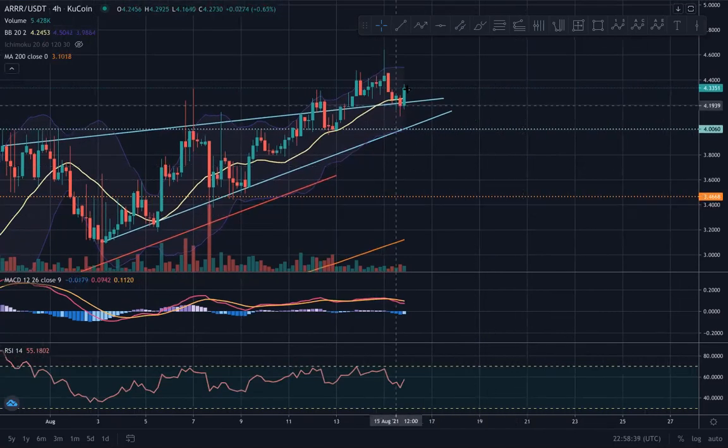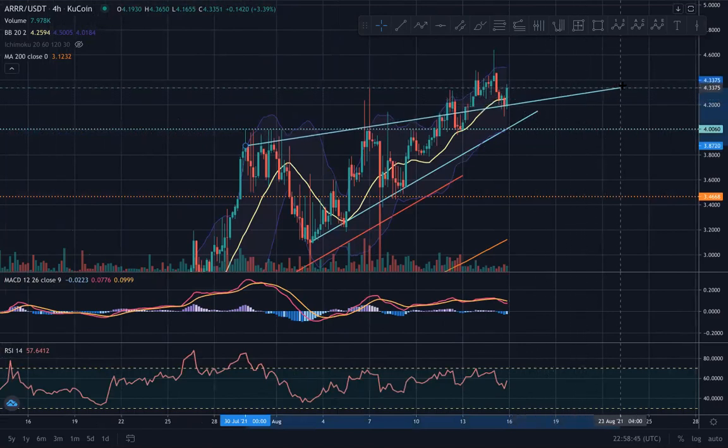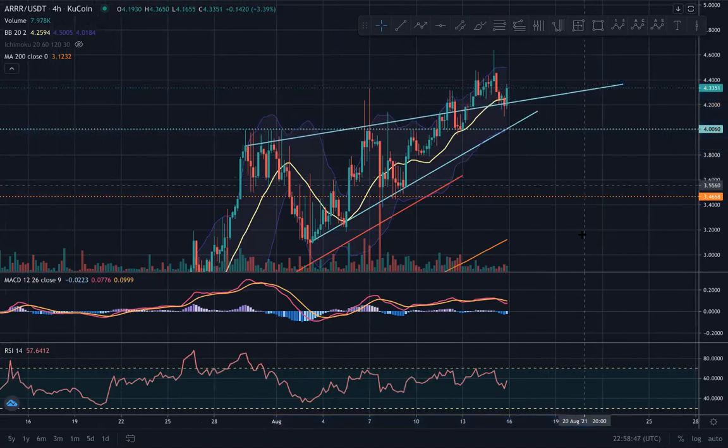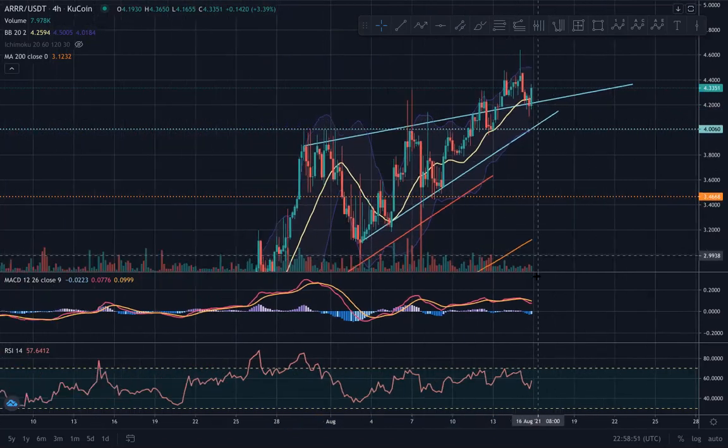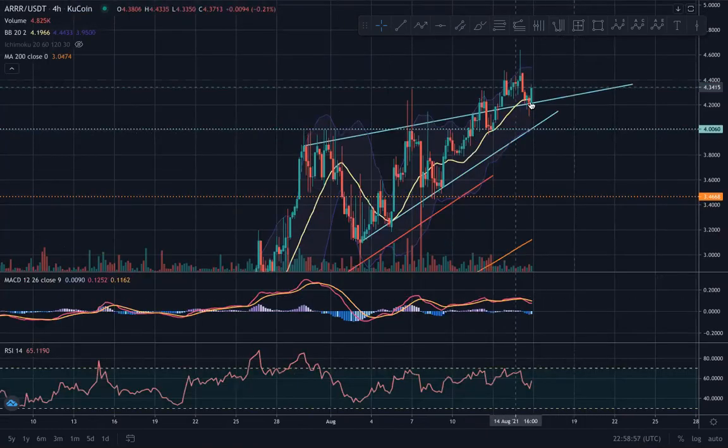So try and stay above this upward trending line, previously supply line, now potentially demand line in that sense. And the other thing though is, okay, making a little bit of negative momentum here.